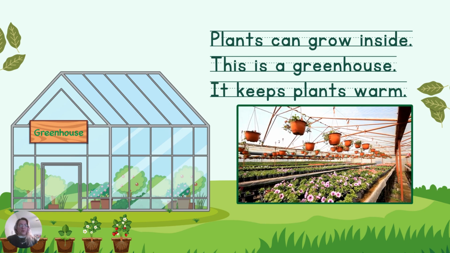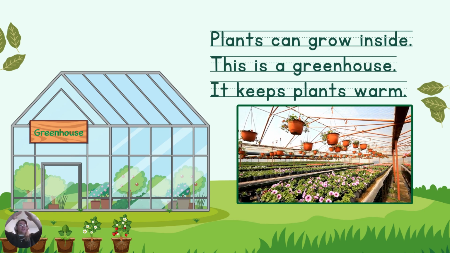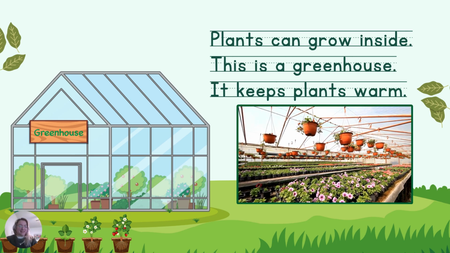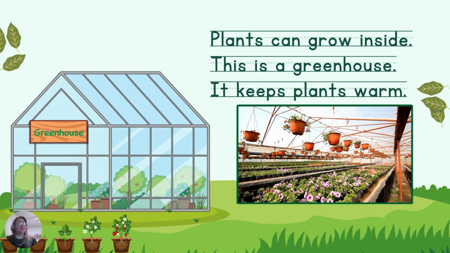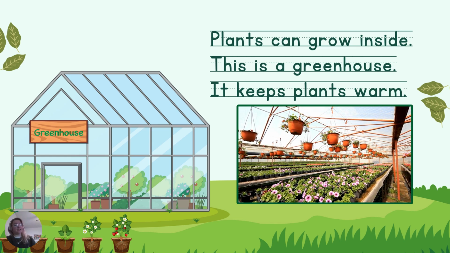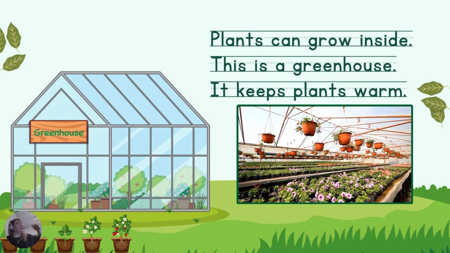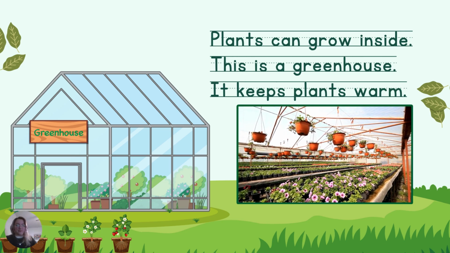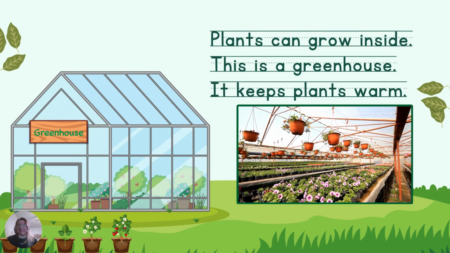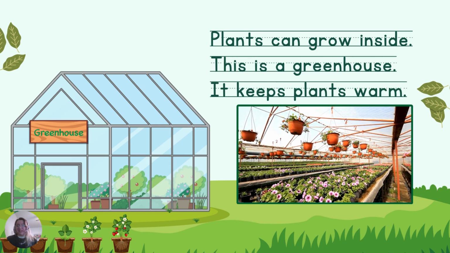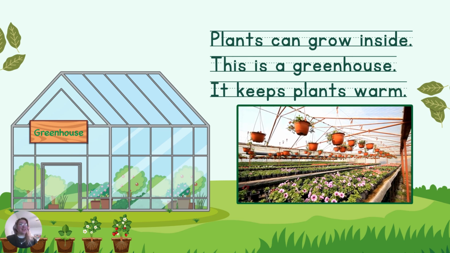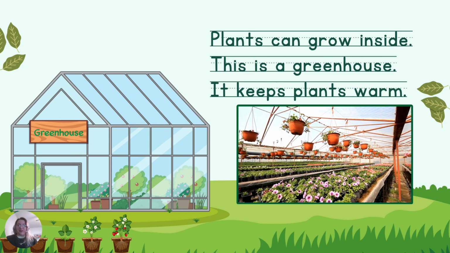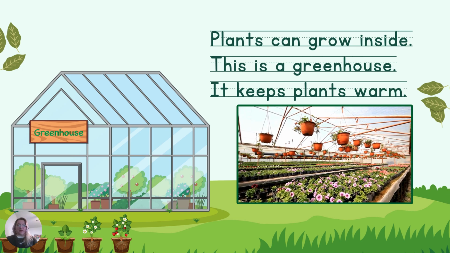The doors are made of windows. And look at the roof. Does it look the same as your roof or different? It looks different, doesn't it? My roof is flat. I cannot see through it. A greenhouse lets in light. It helps the plants grow. The plants make food out of sunlight, and it helps them stay very warm. Bright lights and warmth help plants grow.